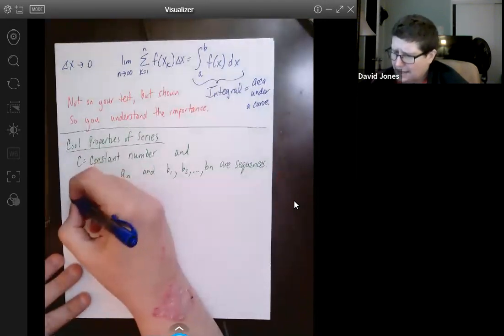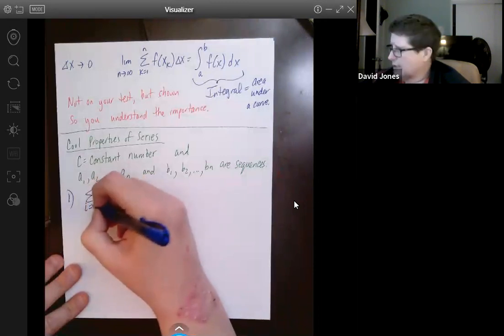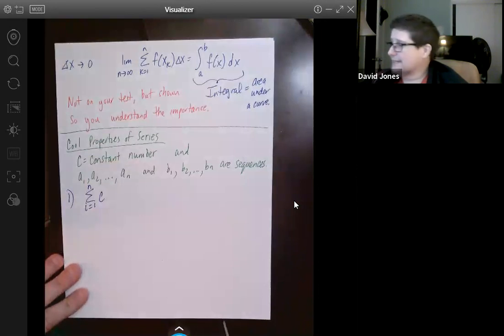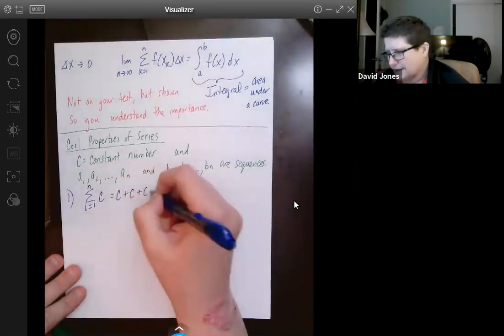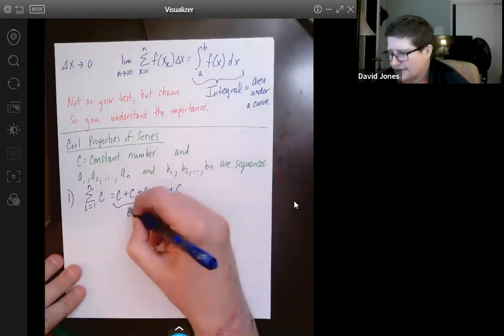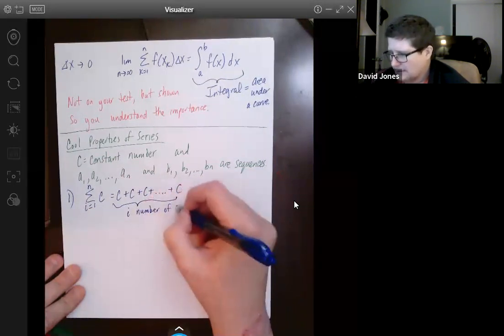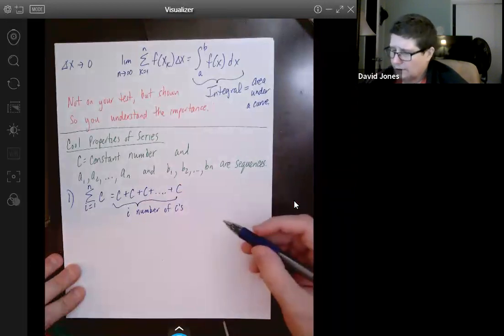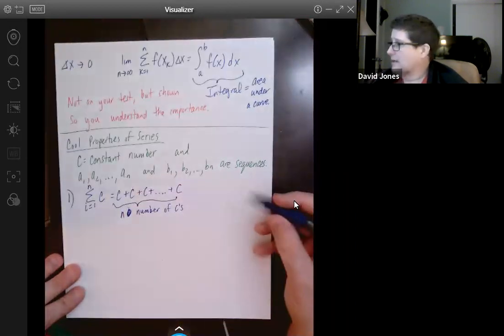If we add up i equals 1 to n of C, just the constant number C, this is C plus C plus C plus C, n number of C's.